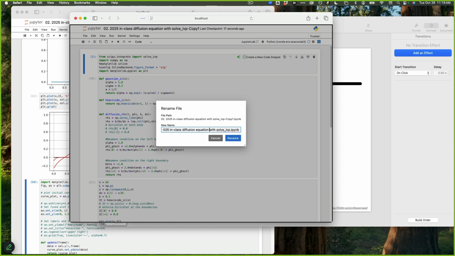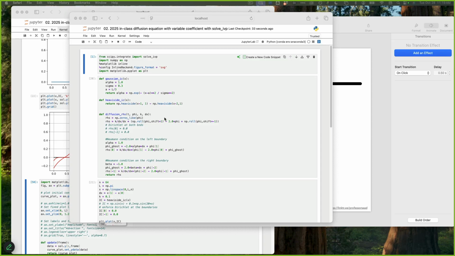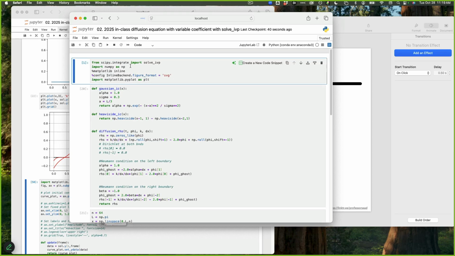Diffusion equation with variable coefficient. Okay, perfect. So everything will remain the same, except now I need to create a Heaviside function for the diffusion coefficient.